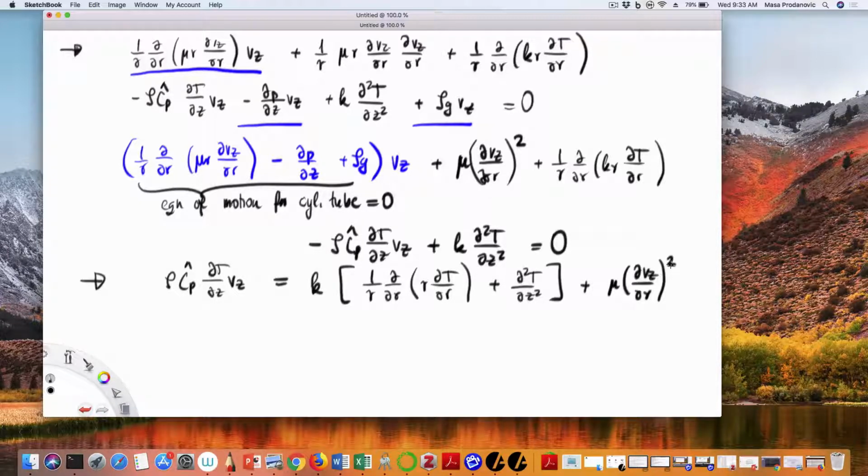So the way this is often broken down, just again, this is convective transport. This is molecular transport.